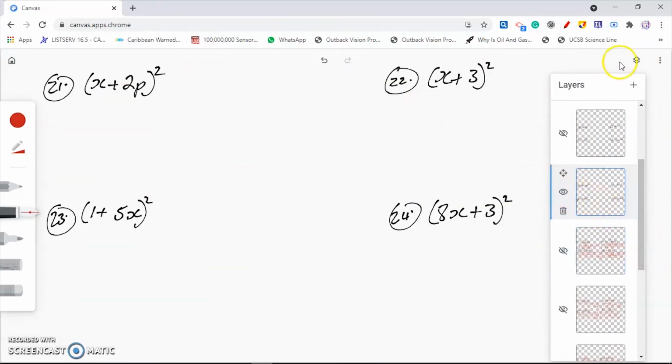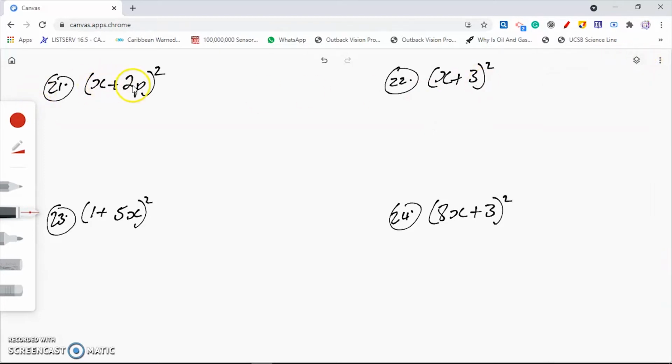So we have number 21. We have x plus 2p all squared, or the square of the sum of x and 2p. This is the same as x plus 2p times x plus 2p.